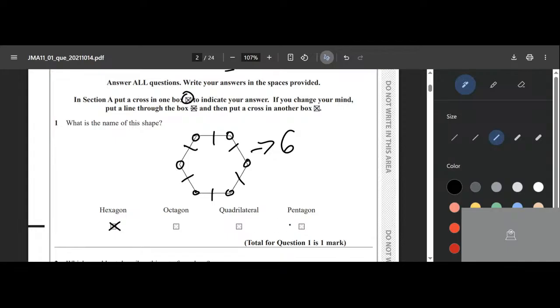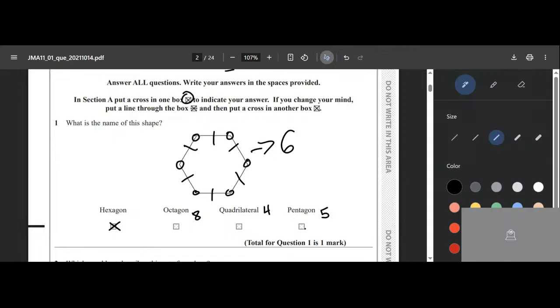What about the other choices? The octagon is a shape with 8 sides, while a quadrilateral is any shape that has got 4 sides. Then a pentagon is any shape that has got 5 sides.